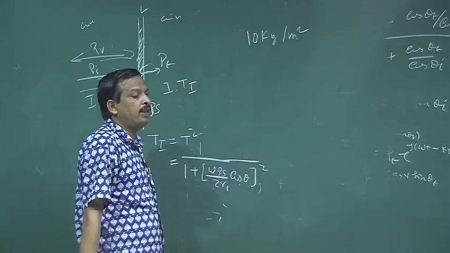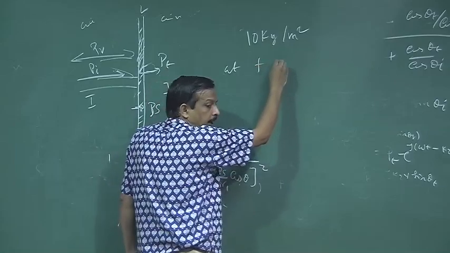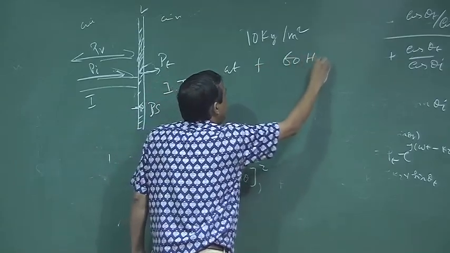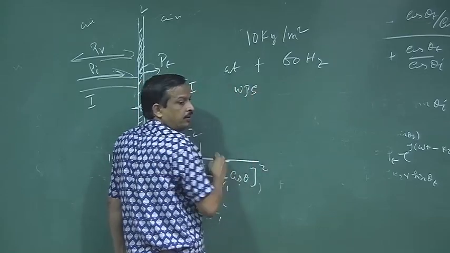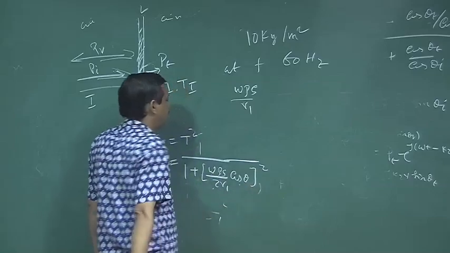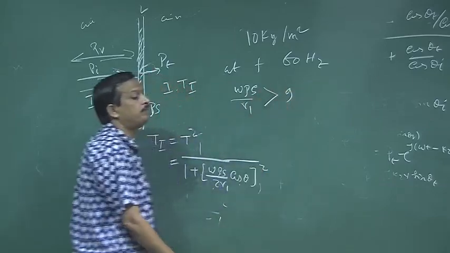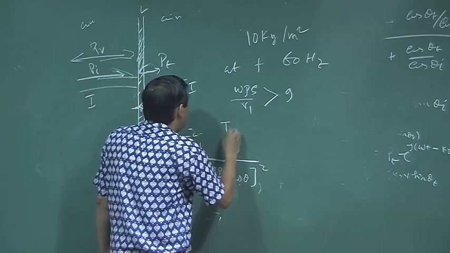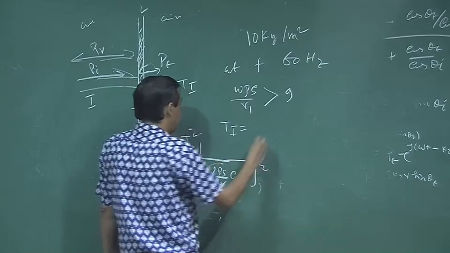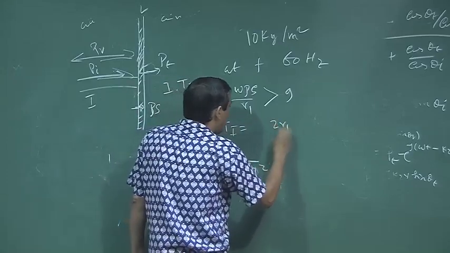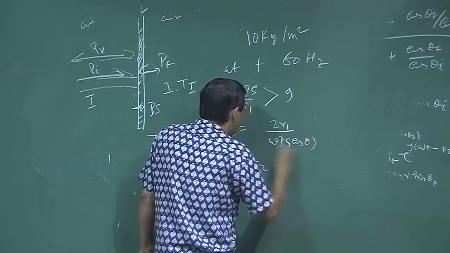So, at frequency f above 60 hertz, if I calculate omega rho S divided by R1, which will be greater than 9, then I can say, if I ignore this one, since this term is very large, Ti is nothing but (2 R1 by omega rho S cos theta) whole square.